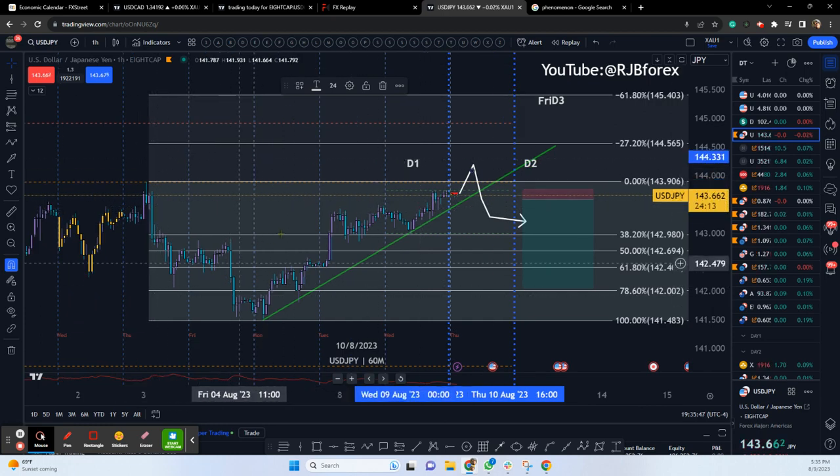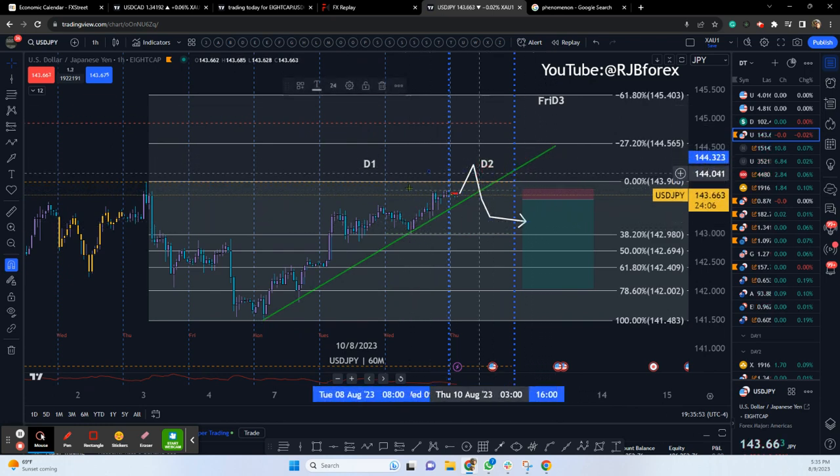So day one, day two, day three, day one, day two, day three, day one, day two, for a continuation upwards or a reversal, but we still have day one, day two, day three in terms of breakout trends. Day one breakout, closing above Friday's high.